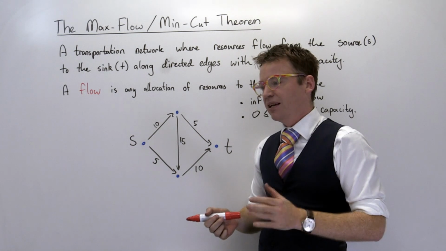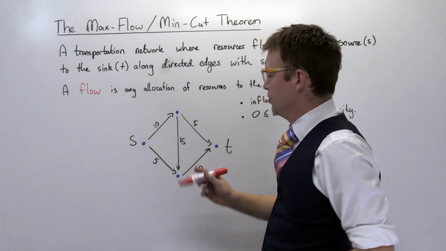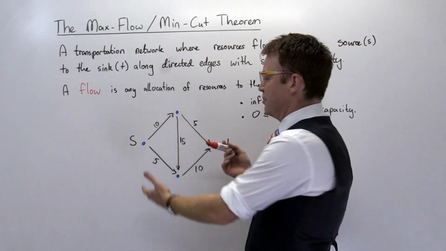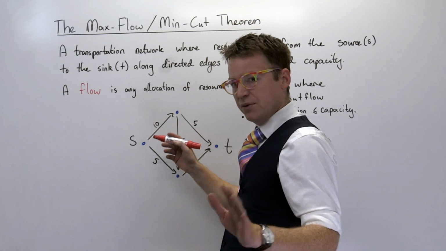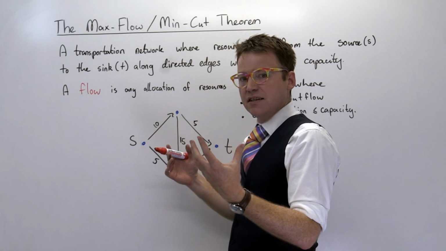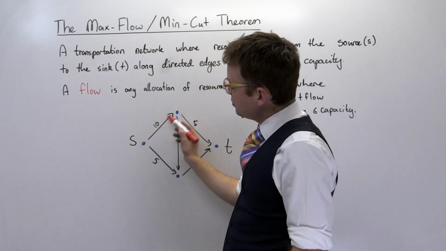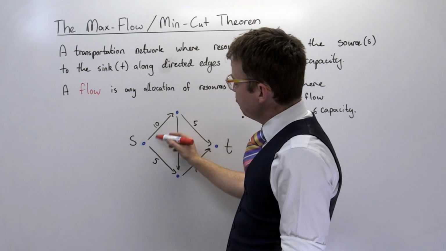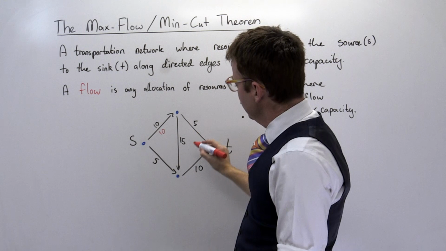And you start by playing the game. You just have a go at making a flow. So let's try and push some of this across. Just trial and error to begin with, and we later on learn how to validate that trial and prove that it is maximal. So first of all, I'll try and push 10 down here, so I'll just denote that with a 10.